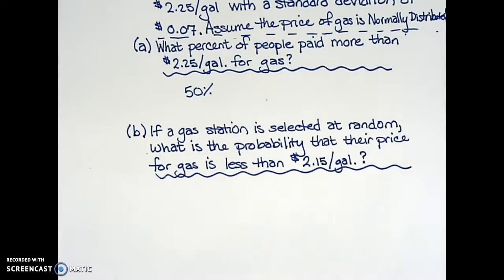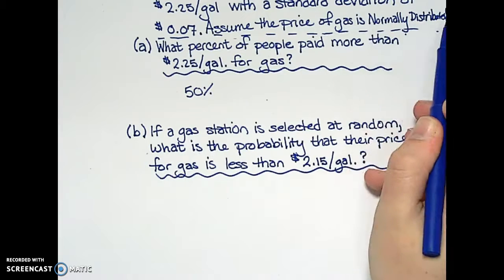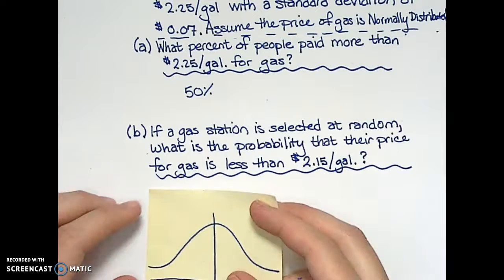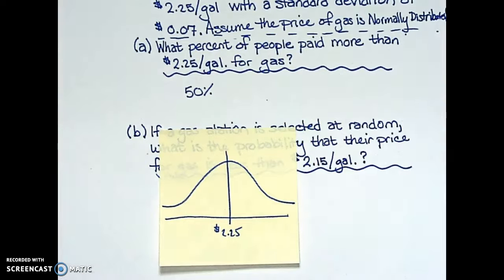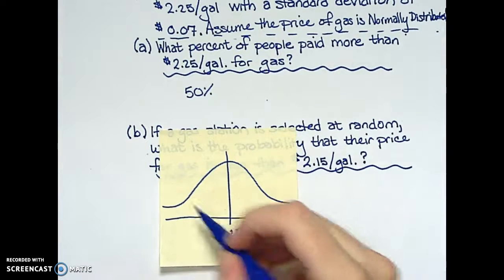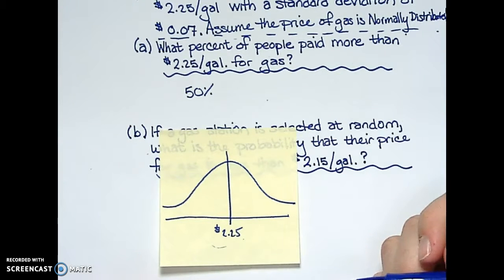To answer this question, we rely on the fact that we have said that the price of gas is normally distributed. If the price of gas is normally distributed, then it's going to look something like the following. This is what a normal curve looks like, and we're assuming that our average is $2.25.